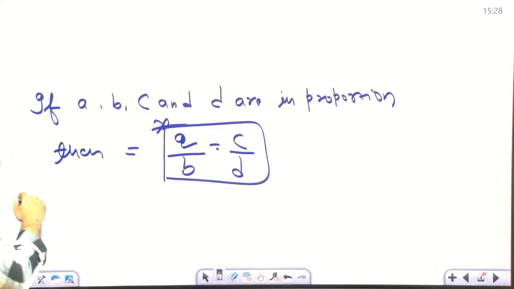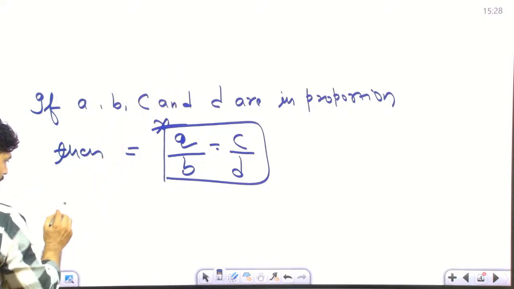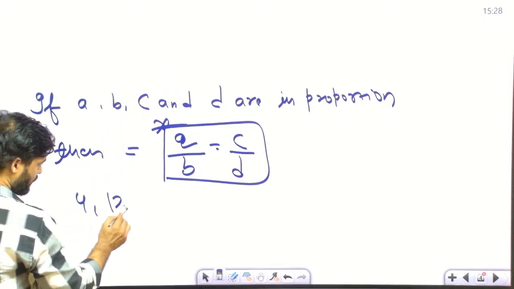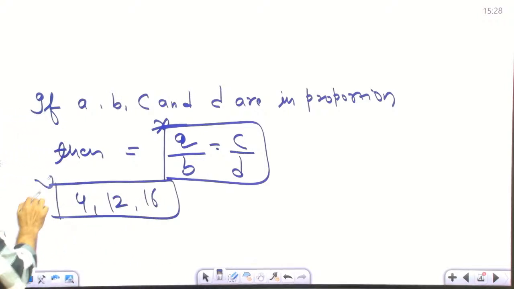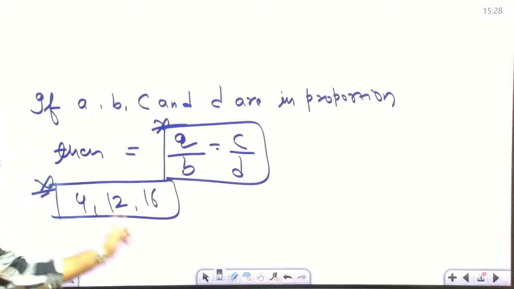Okay, then do a question. Find the fourth proportion to 4, 12, and 16. Hurry up.